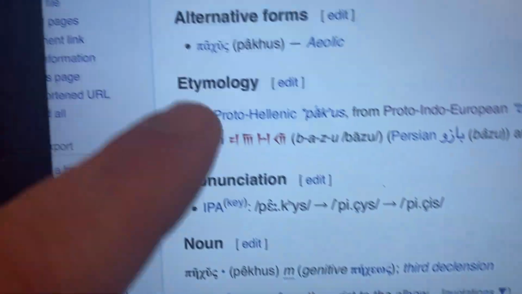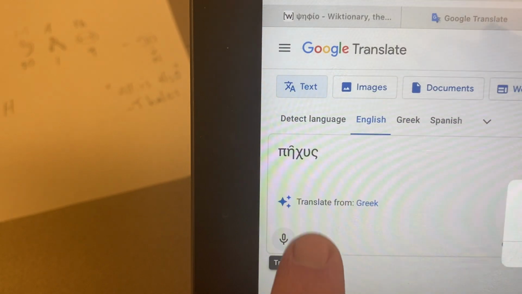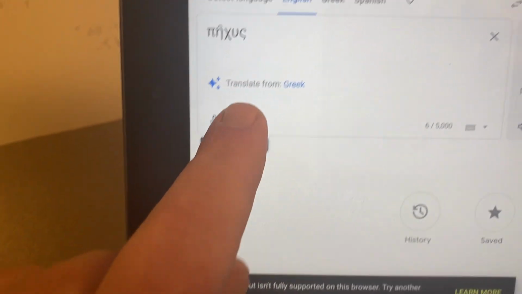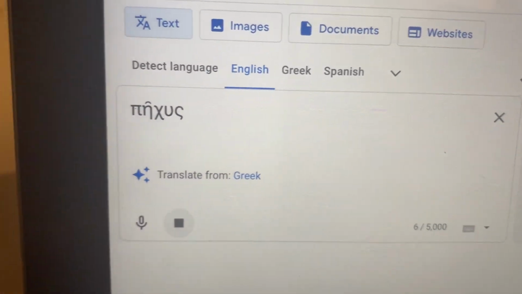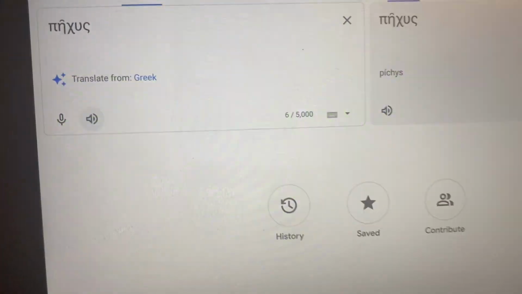But when we go to hear what this is pronounced like: Pechys. Pechys. Pechys. So pechys means cubit. So now we're going to add this up. First letter is pi.